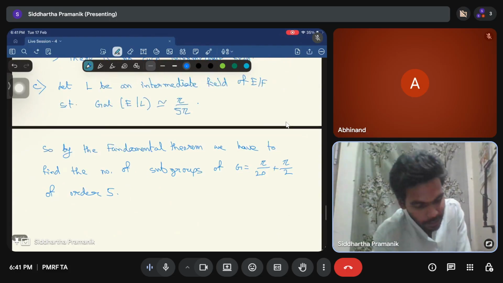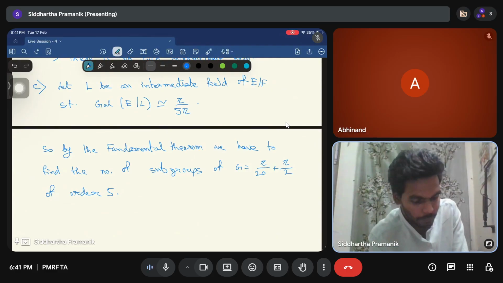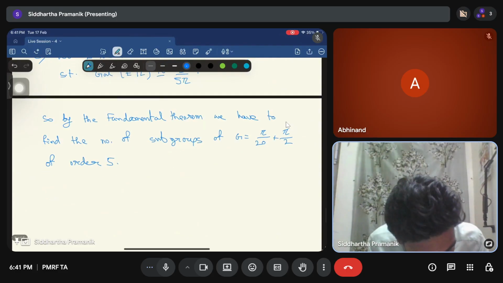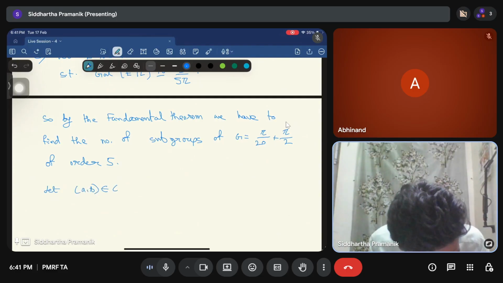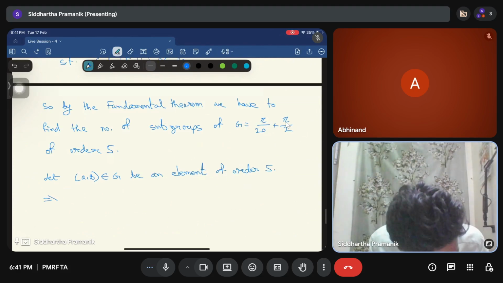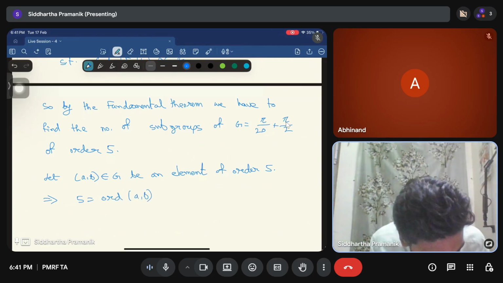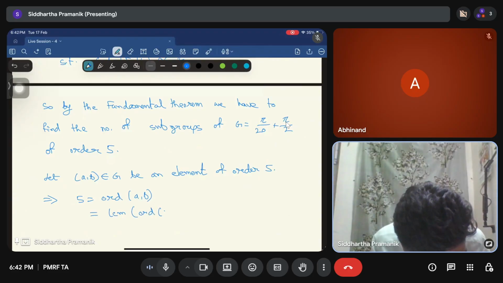So again it is similar to finding the number of elements of order 5. Let (A, B) belonging to G be an element of order 5. Then 5 is the order of this pair (A, B), and from group theory we know that it is the LCM of the order of A and the order of B.